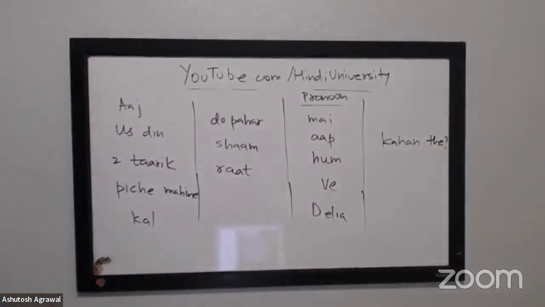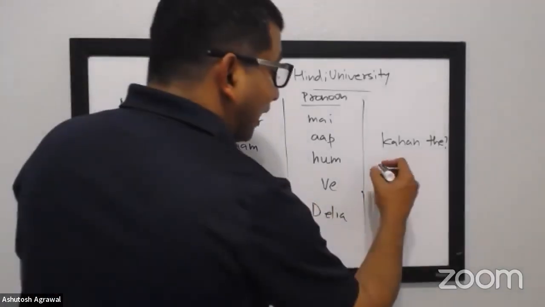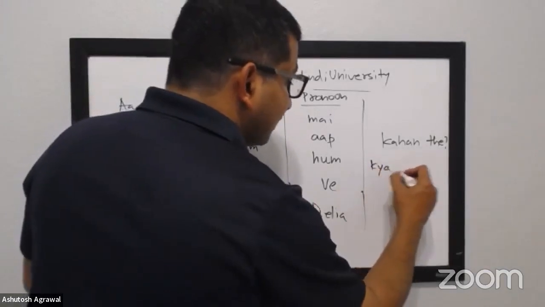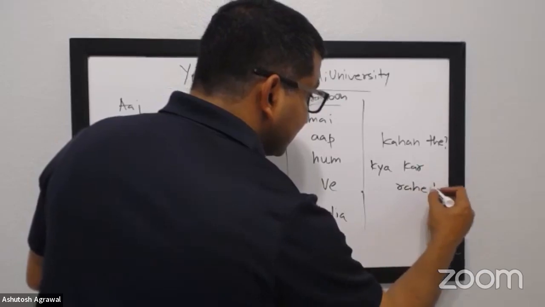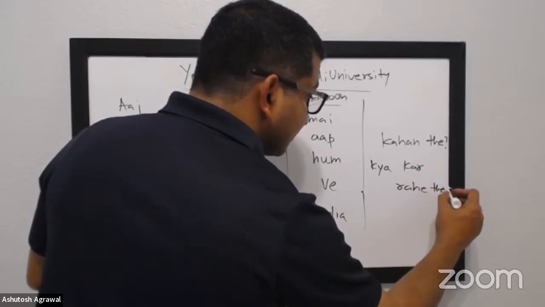उस दिन दोपहर को आप कहाँ थे. And the response could be, as I think अनिष्का जी mentioned, उस दिन दोपहर को मैं स्कूल में था. और उस दिन दोपहर को आप क्या कर रहे थे, which is the past continuous.